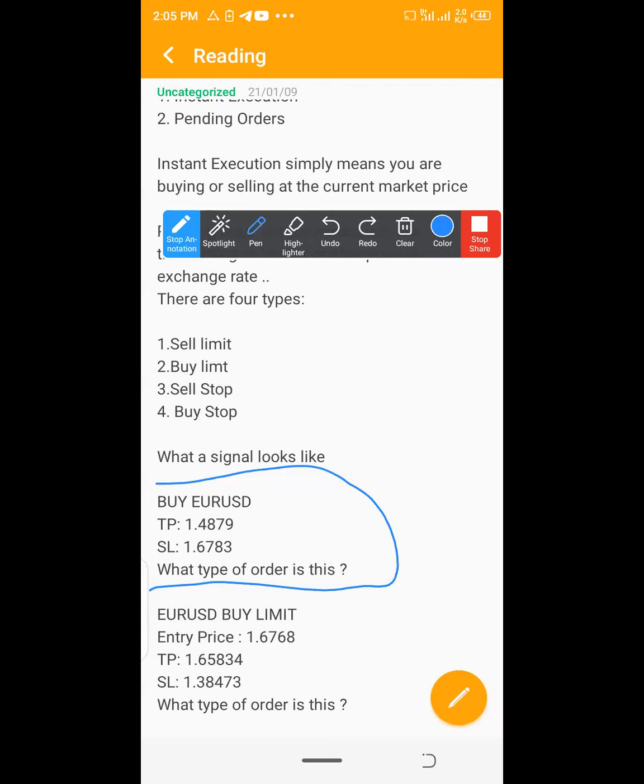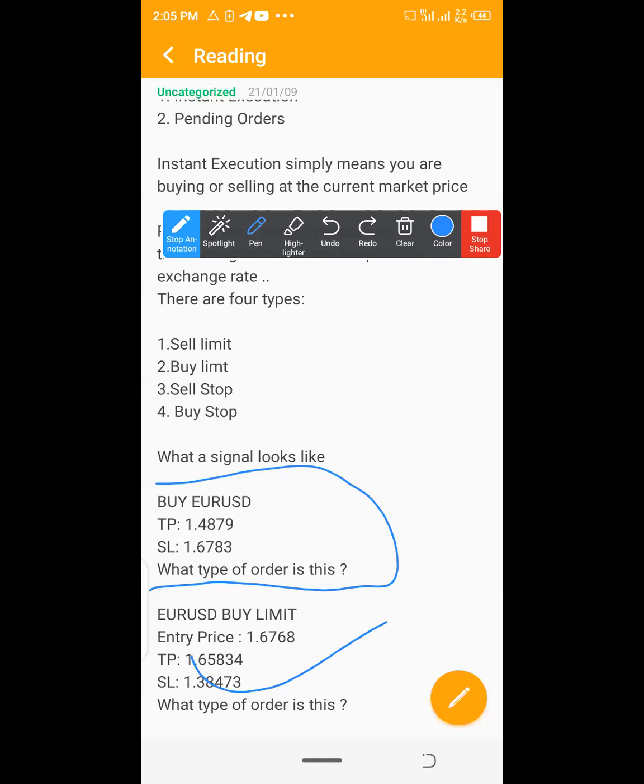Can somebody tell me what type of order the one I just marked is? Pending order. Why is it a pending order? Amazing, it has buy limit.